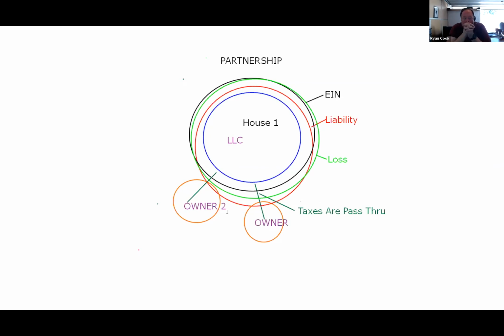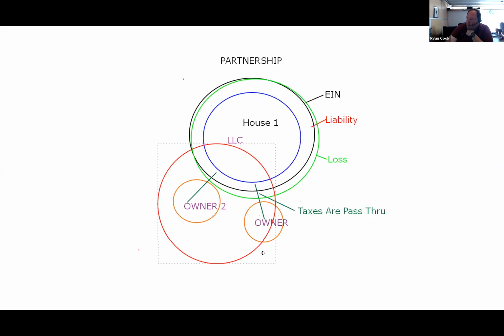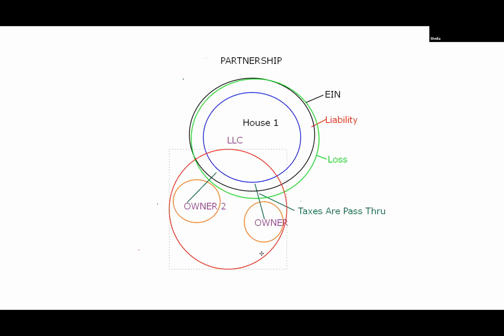With a partnership, what's the problem? If I look at a partnership, what does a partnership normally have? Remember that red circle? Let's say this is just liability. Where's all the liability go in a partnership? With the owners. There you go. All the liability falls 100% on those guys based on their percentage, right?